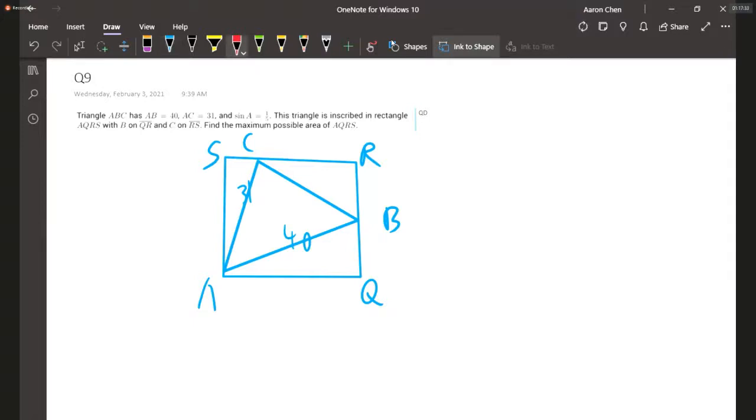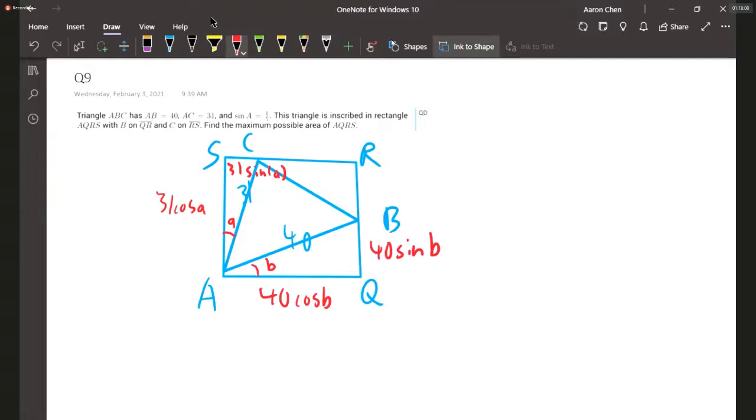So you can let these angles be A and this one be B. And so you have that CS is equal to 31 sine of A, and AS is equal to 31 cosine of A. And similarly, AQ is equal to 40 cosine of B, and BQ is 40 sine of B.